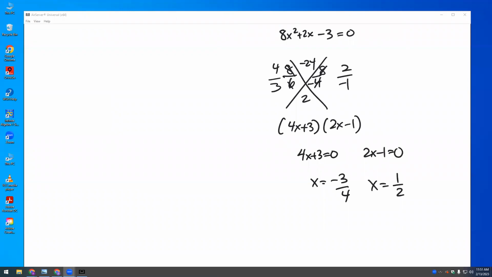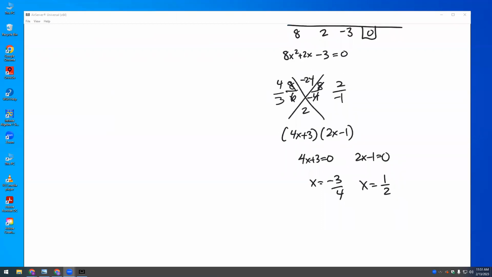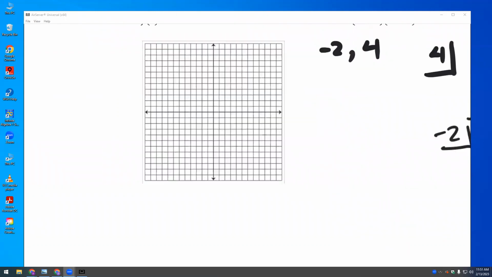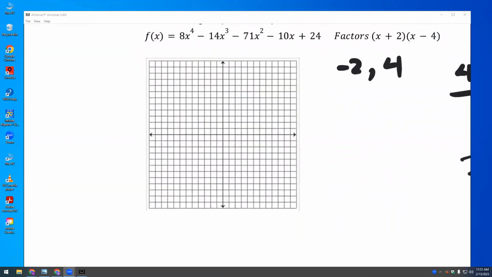Okay. When you have a -3 over 4 and 1/2, just choose 0 in between. I don't need you to do 4 or 5 factors in between those. Just put 0. That should be fine. So our factors are 4, so it'll be right here. 1, 2, 3, 4.